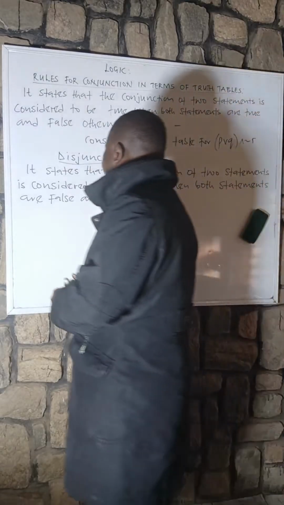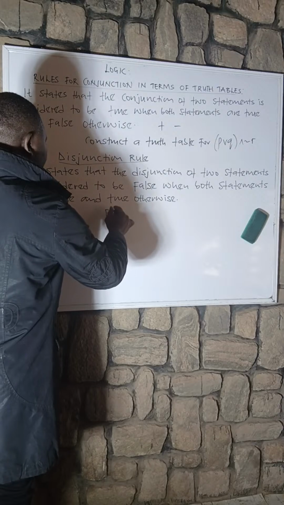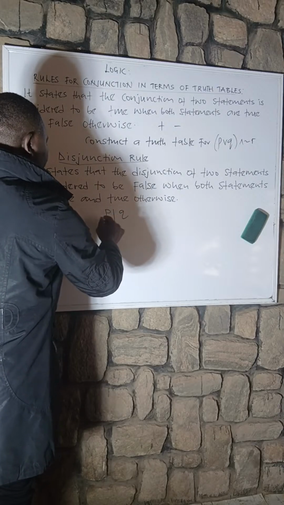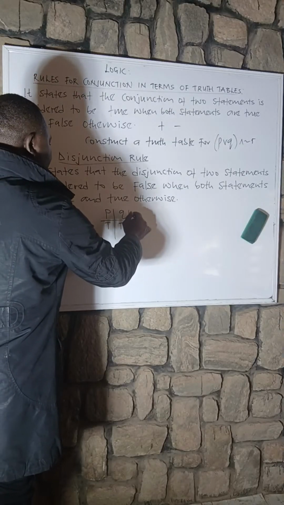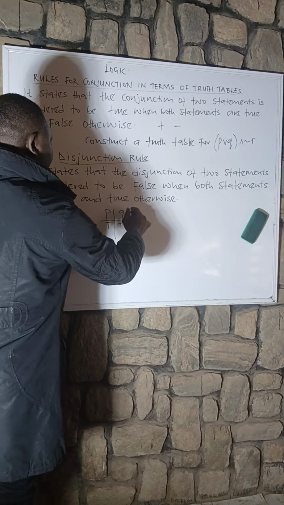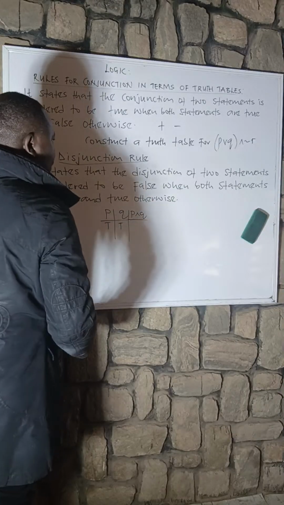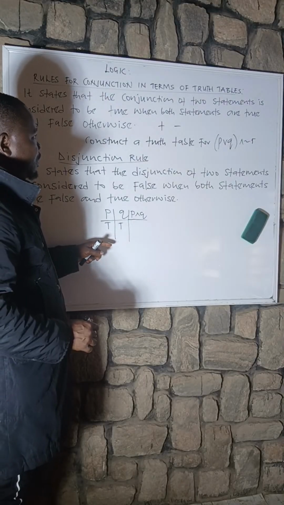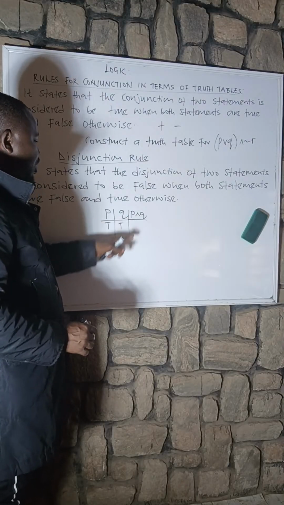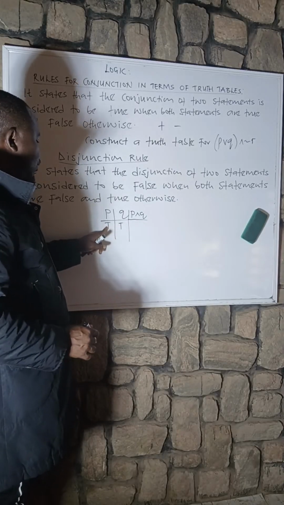For example, if we have two statements, P and Q, this one is true, this one is true, then the disjunction of these two statements, P or Q.